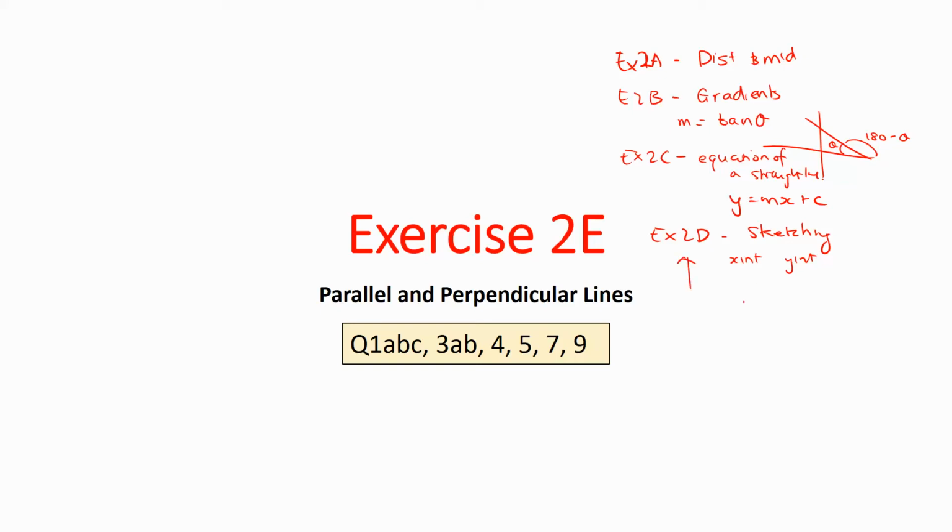Just to add on 2D, most students will forget the horizontal line and the vertical line. Remember, a vertical line is x equals whatever the number is, like x equals 3, and for a horizontal line you'd have something like y equals 2, then it crosses at 2. Just quickly revise what you should have learnt by now on a Wednesday.